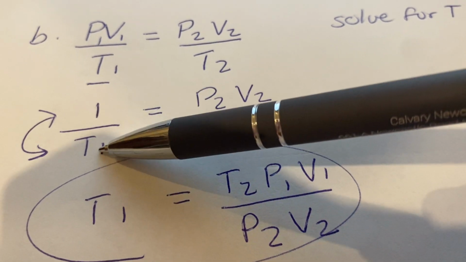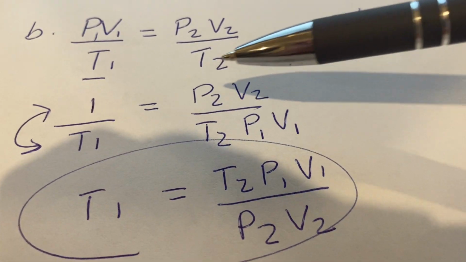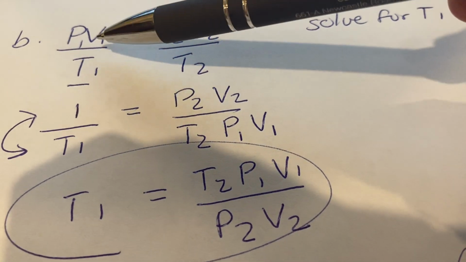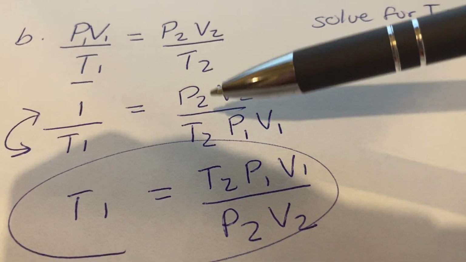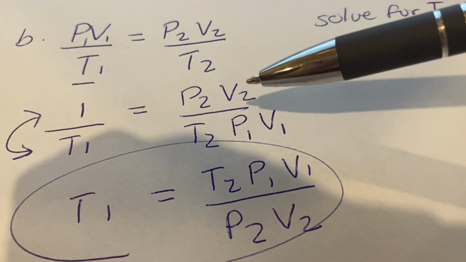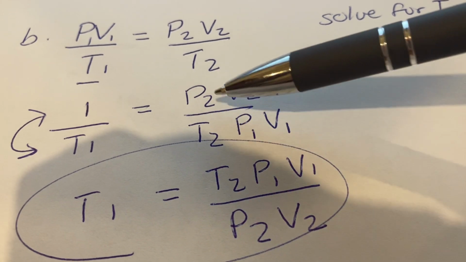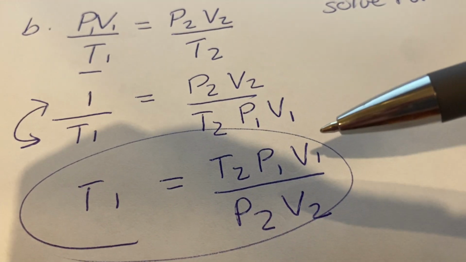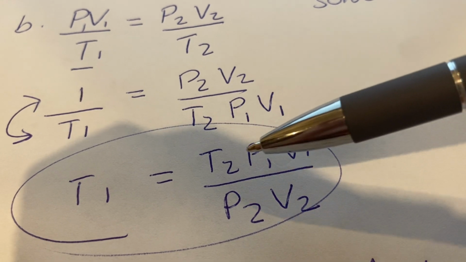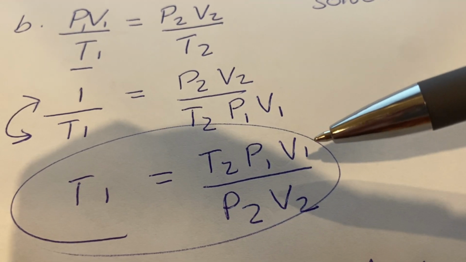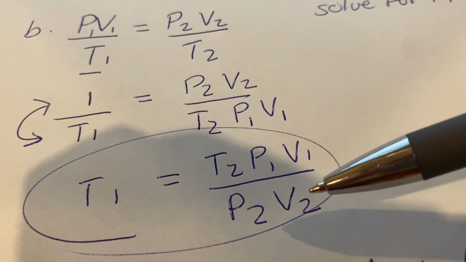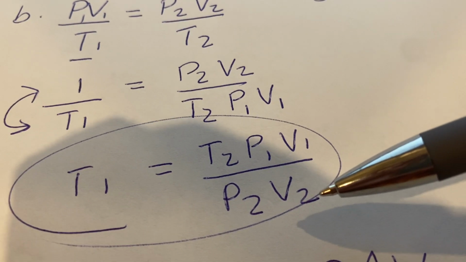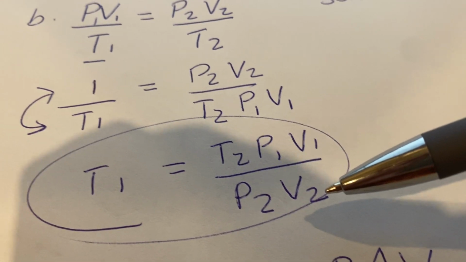Well, this is 1 over T1 equals, and then we put P1 V1 at the bottom. So it's P2 V2 over T2, and you put these at the bottom. But since this is 1 over T1, we want to solve for T1, so we just do the reciprocal. The reciprocal of this would be our answer, T2 P1 V1 over P2 V2, right? So you got that answer, huh?